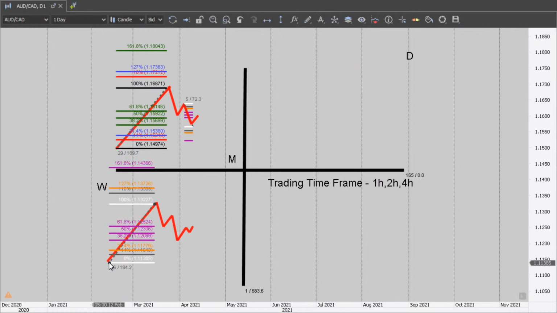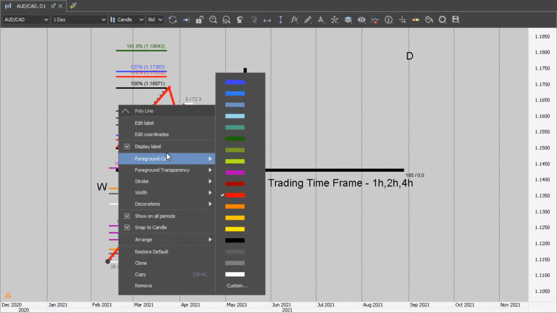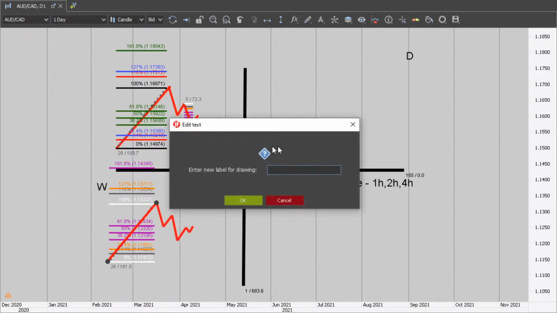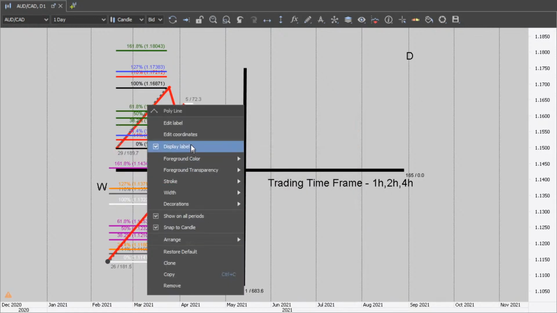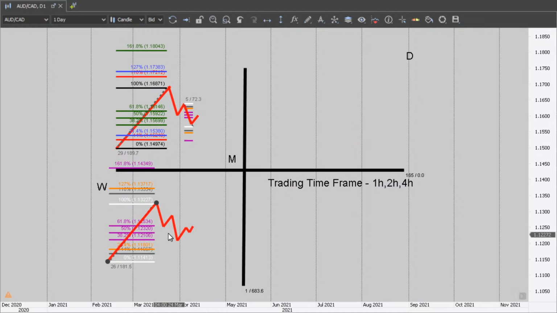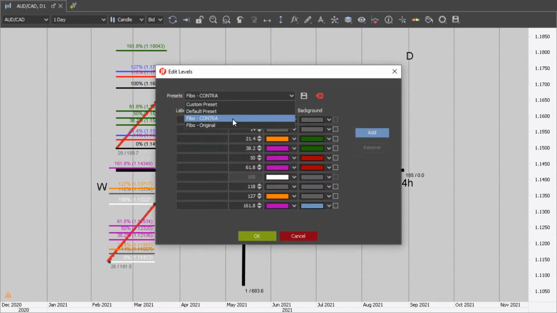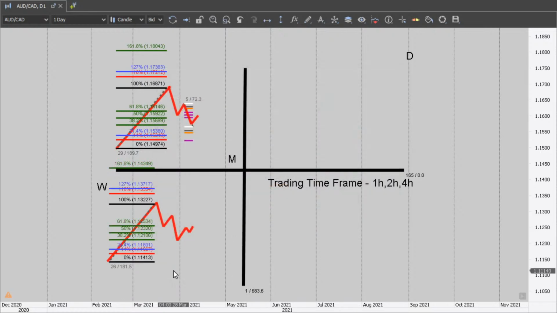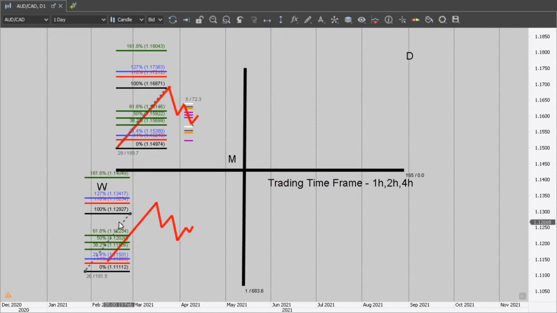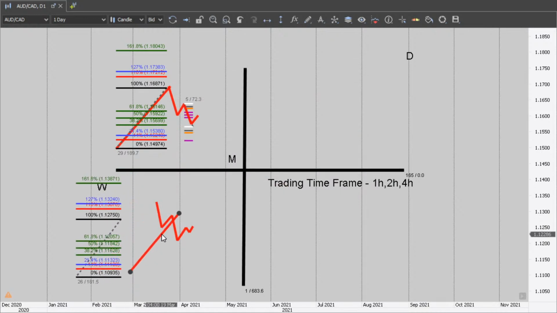And again, original Fibonacci is going to be up, edit levels, Fibonacci original one, it's up, moving down some.